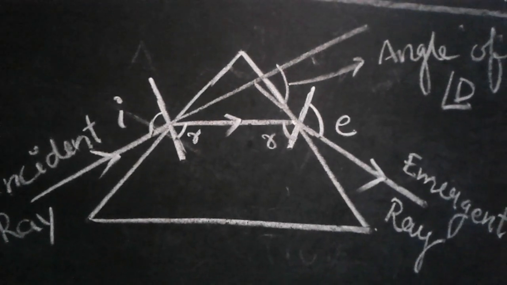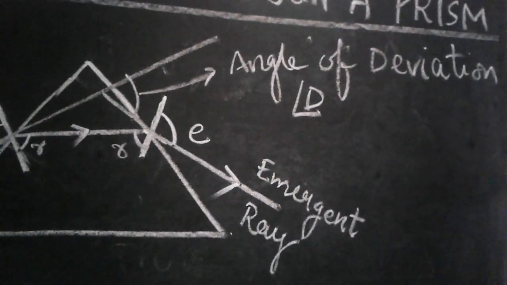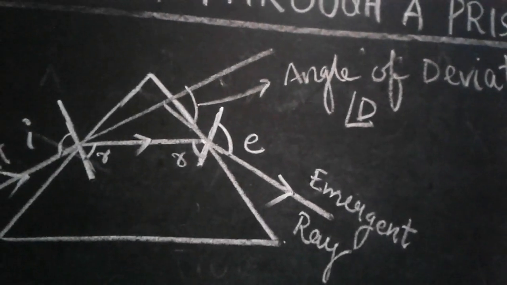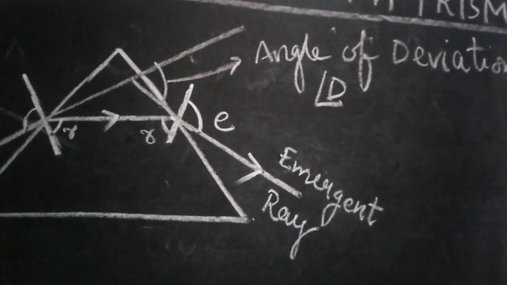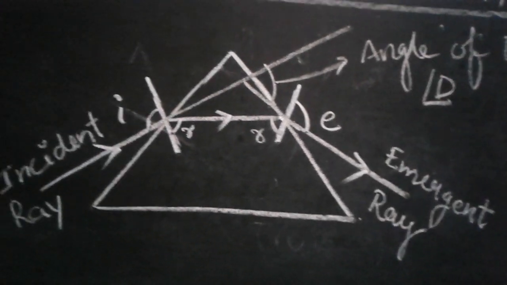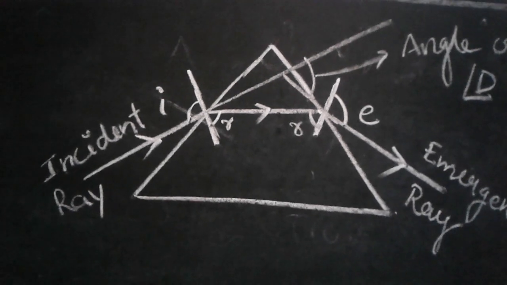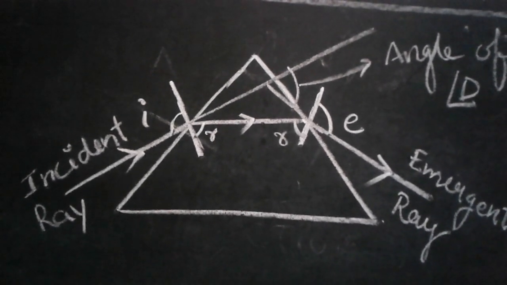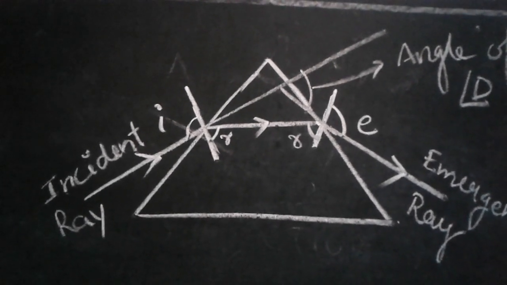The angle formed then is known as the angle of deviation, represented by capital D. The angle of deviation depends on the value of the incident ray, the type of prism used, the ray which is passed, that means whether it is white color or some other color, and of course the refractive index of the glass from which the glass prism is made.